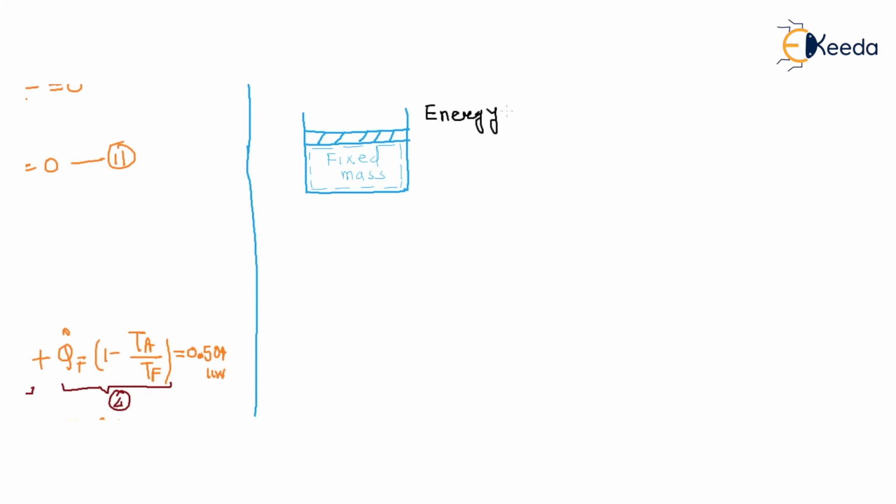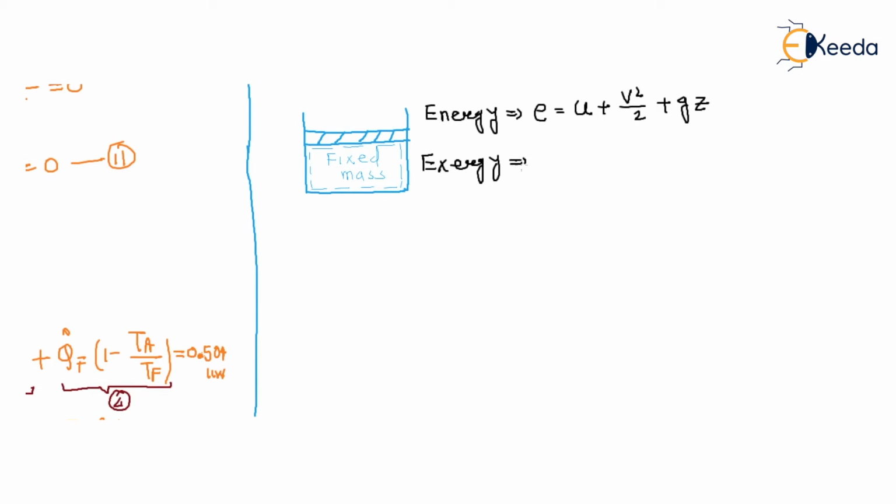What is the energy this system will contain per unit mass basis? E is equal to internal energy plus kinetic energy plus potential energy, right? And what is the exergy?